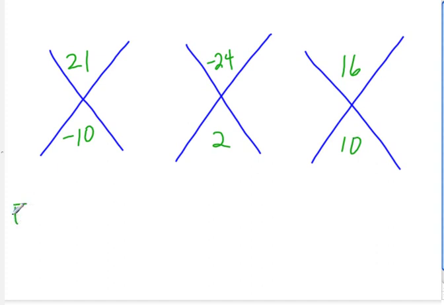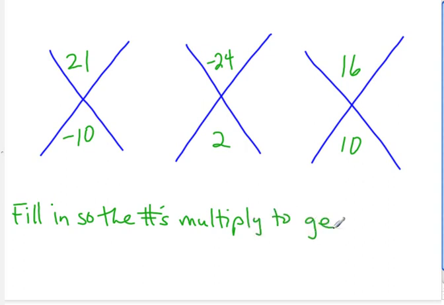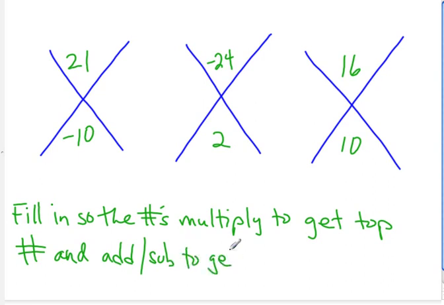So we got to fill in the numbers: multiply to get the top number and add or subtract to get the bottom number. That's what we're trying to do here. We got to fill in the empty spots, so the numbers that we fill in multiply to get the top number and add or subtract to get the bottom number.